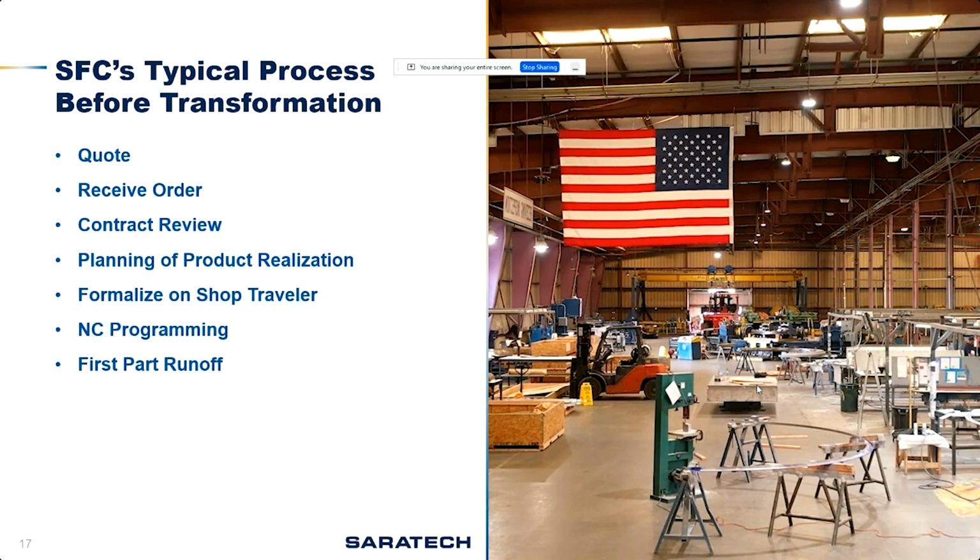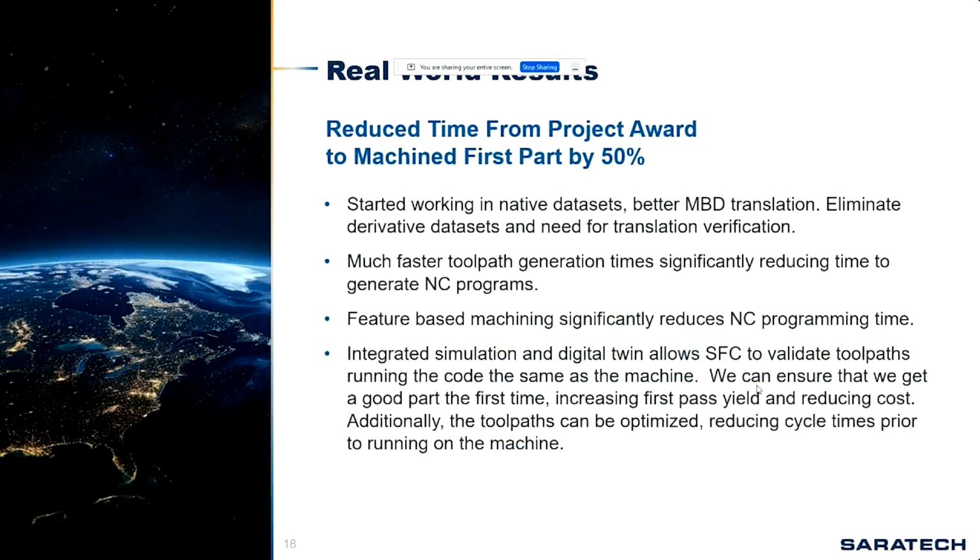And most importantly here, this is talking about where we've seen the ROI on this transformation. In most cases, we're seeing a reduced lead time delivery to our customers of about 50%. Another key thing we've started doing is being able to work in native data sets.